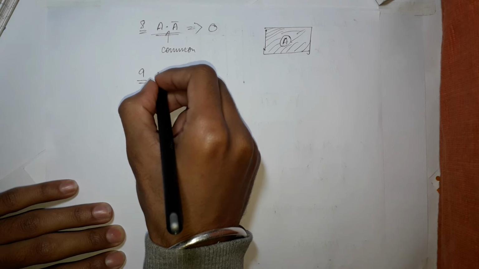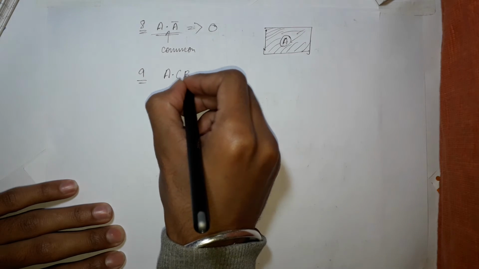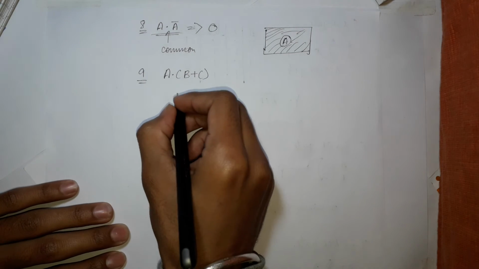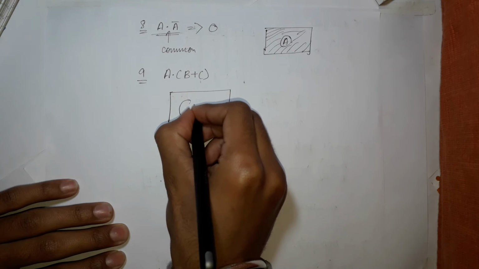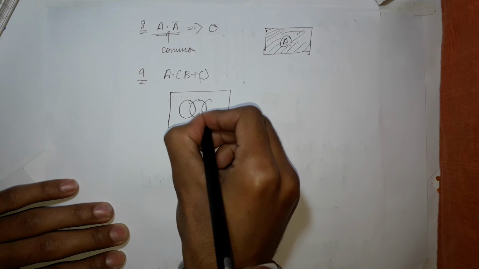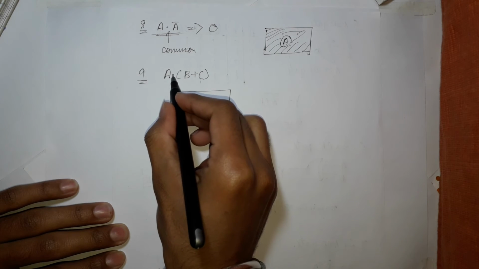Now the question number 9. Now it is an important concept. This is A and B or C. Now let's answer it using the Venn diagram, then we'll verify it. Here we have A, and here we have B, and here we have C. Now what does the question say?